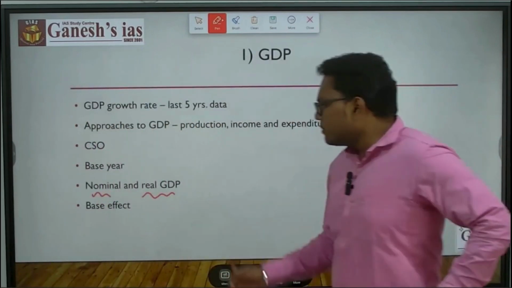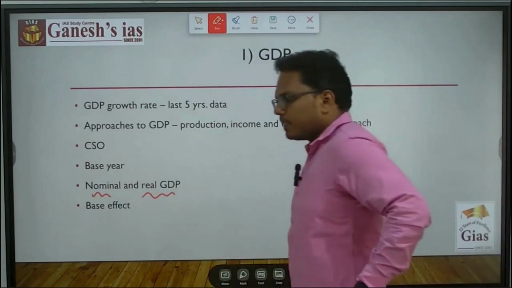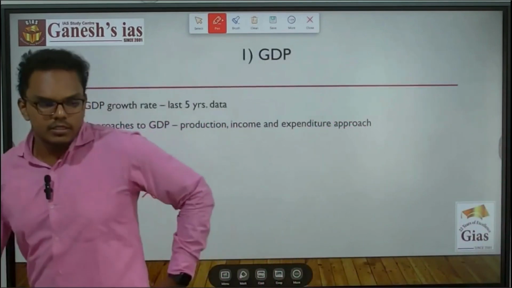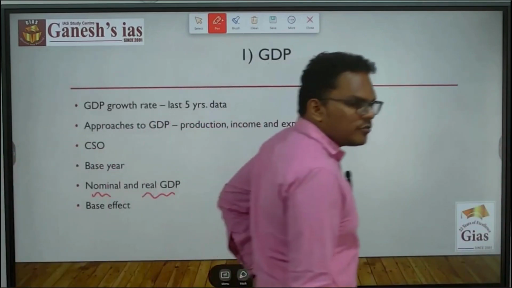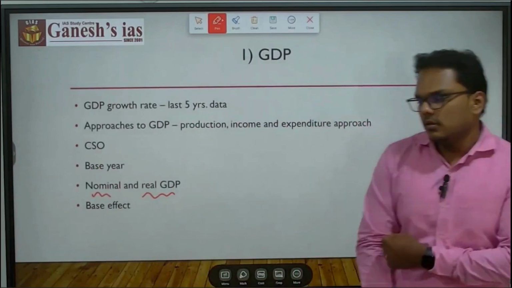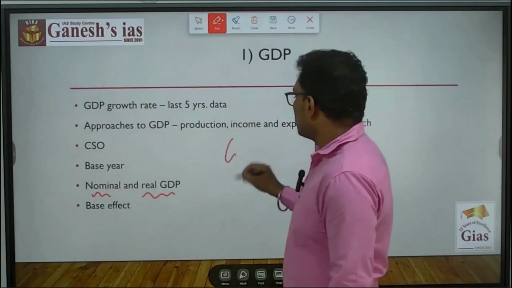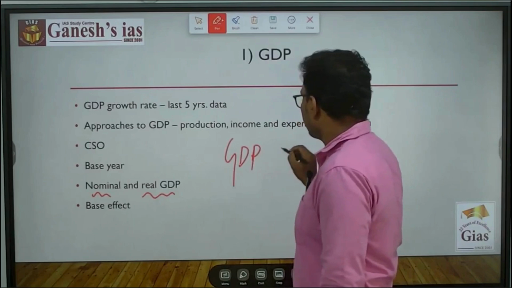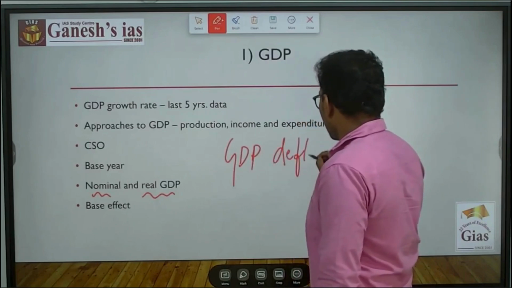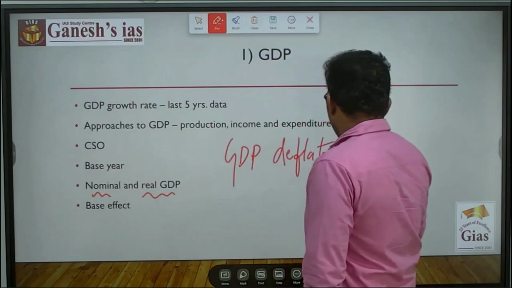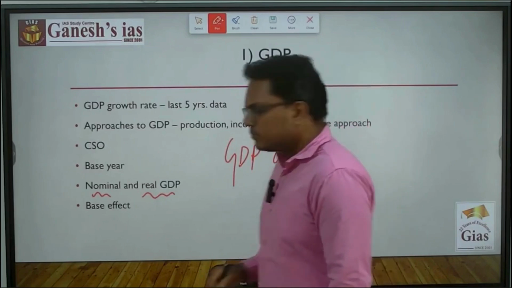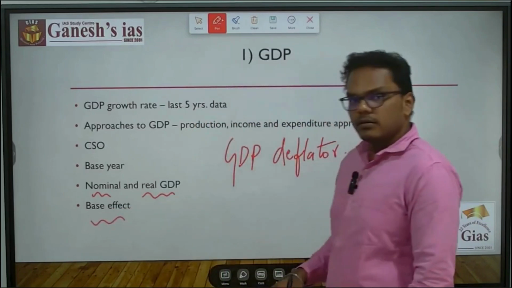So the divergence between these two will tell you the intensity of inflation in an economy. Then you need to know about the term GDP deflator. You need to know about this term, and then you need to know what the base effect is.